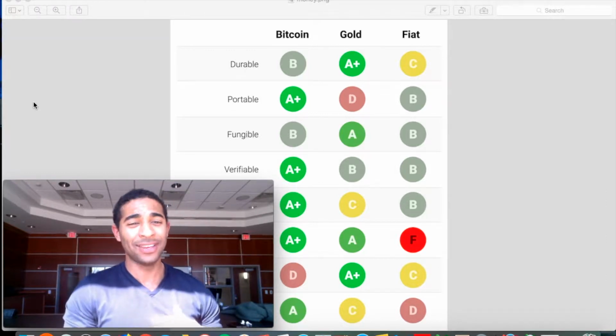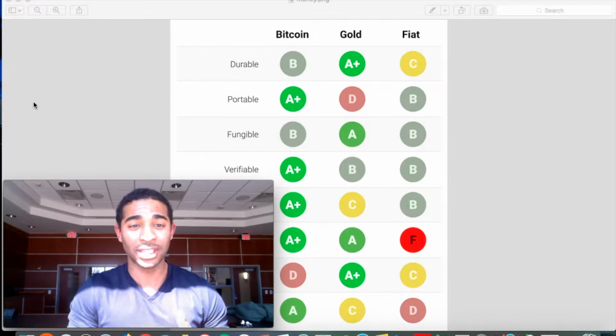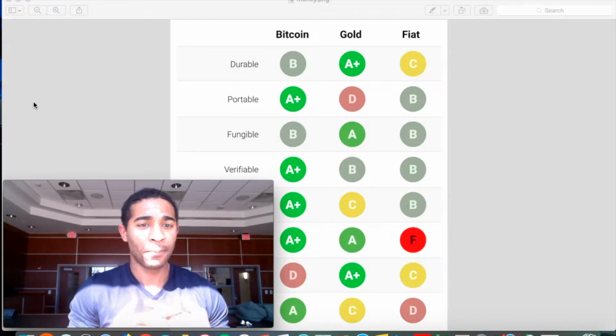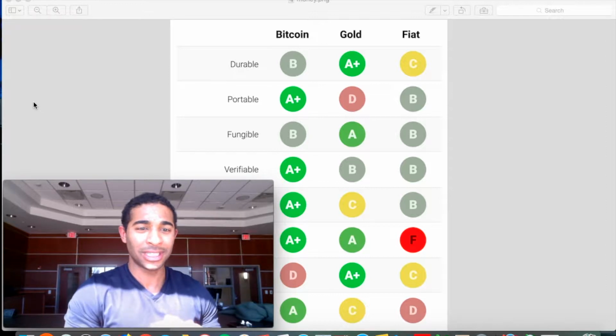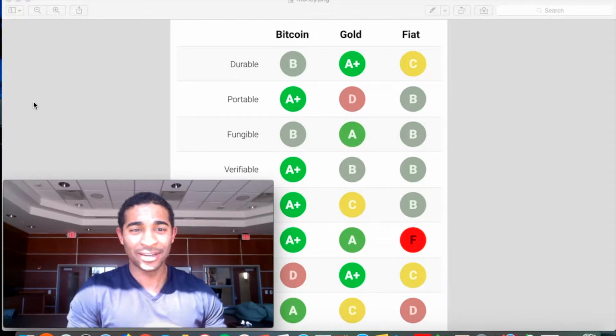Throughout the last 10 years that Bitcoin has persisted on the internet, it has continued to produce a block every 10 minutes. There's never been a fraudulent transaction on the Bitcoin blockchain, and it has undergone numerous attacks and has never broken. And so although Bitcoin's only 10 years old, I suspect that in another 10 years, if Bitcoin continues to perform, we might think about upgrading this letter grade to an A.